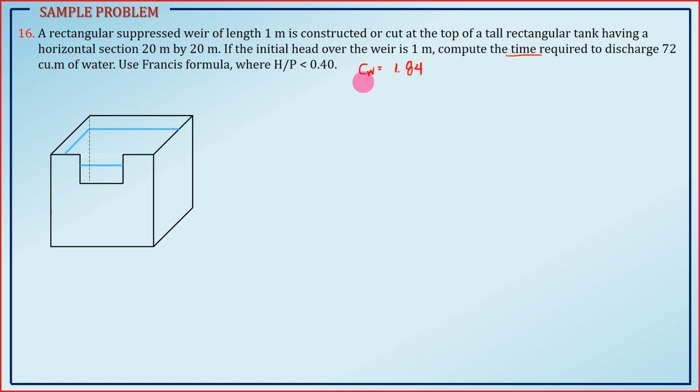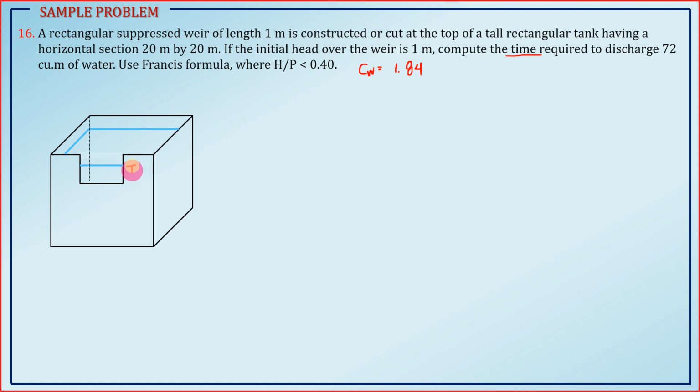Initially, our tank is rectangular, straight, and this is our head. Now, suppose the owner of the tank cut part of the tank and made a suppressed weir.